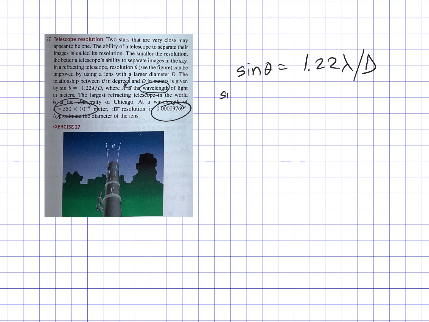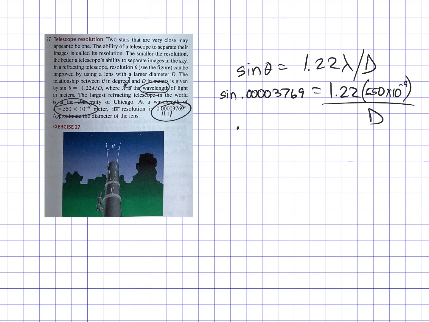Okay, so we have to take the sine of 0.12343769. 1.22 times lambda. Lambda is 550 times 10 to the negative 9. And that's all divided by d. All right, so first of all, sine of 0.12343769. So that is going to be, holy cow. I'm going to use scientific notation because I know you don't want me to.